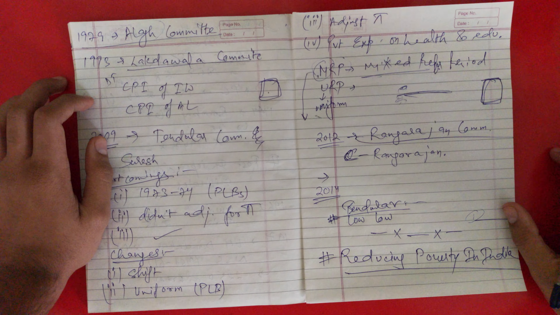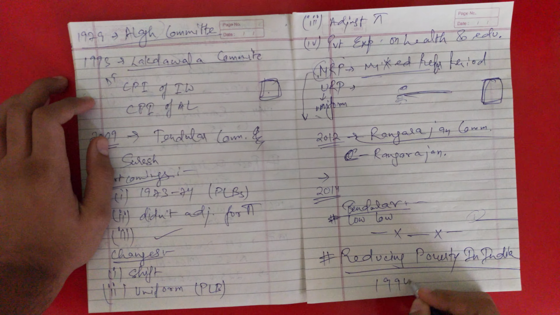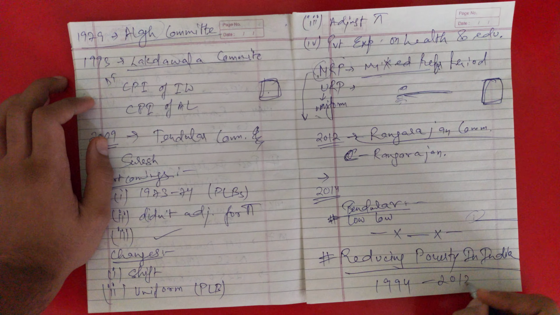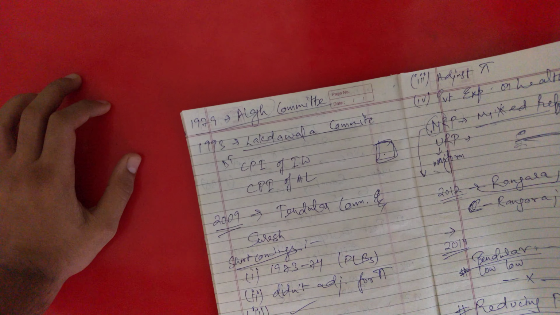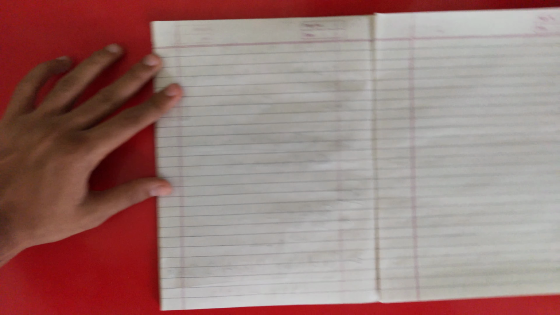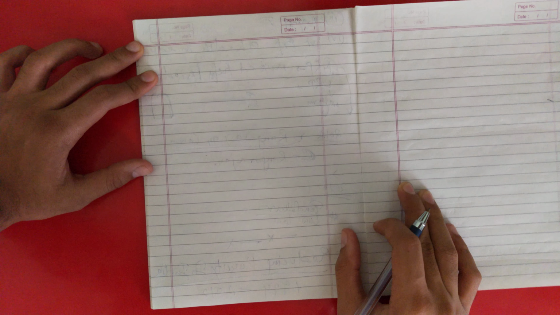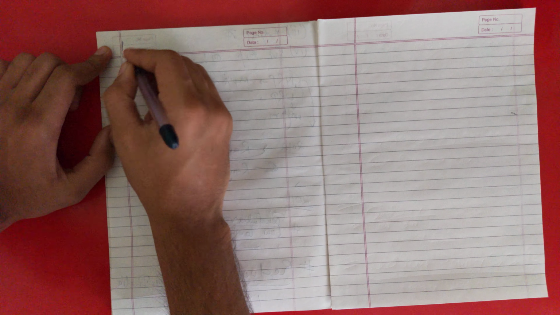Based on India's official line, the share of population living in poverty was halved between 1994 and 2012, falling from 45% to 22%. During this period, an astonishing 133 million people were lifted out of poverty.